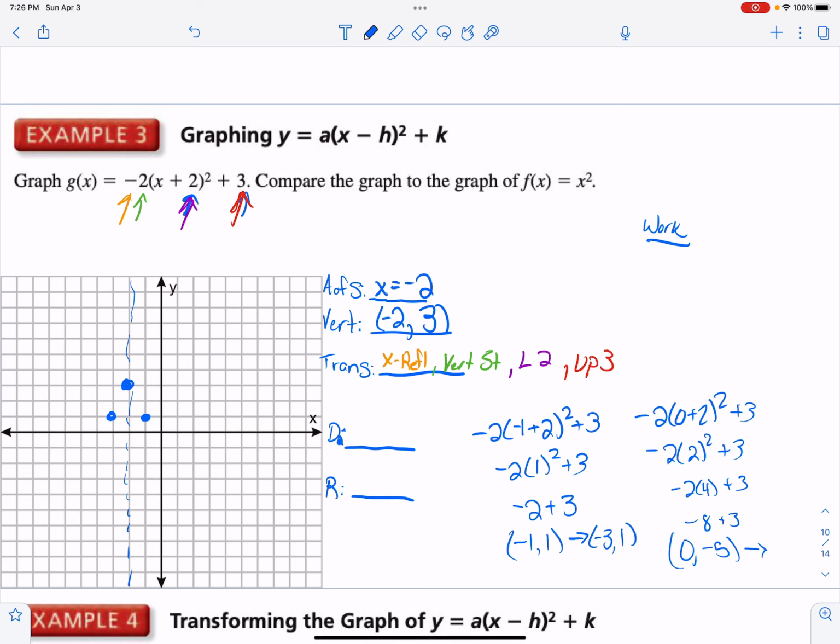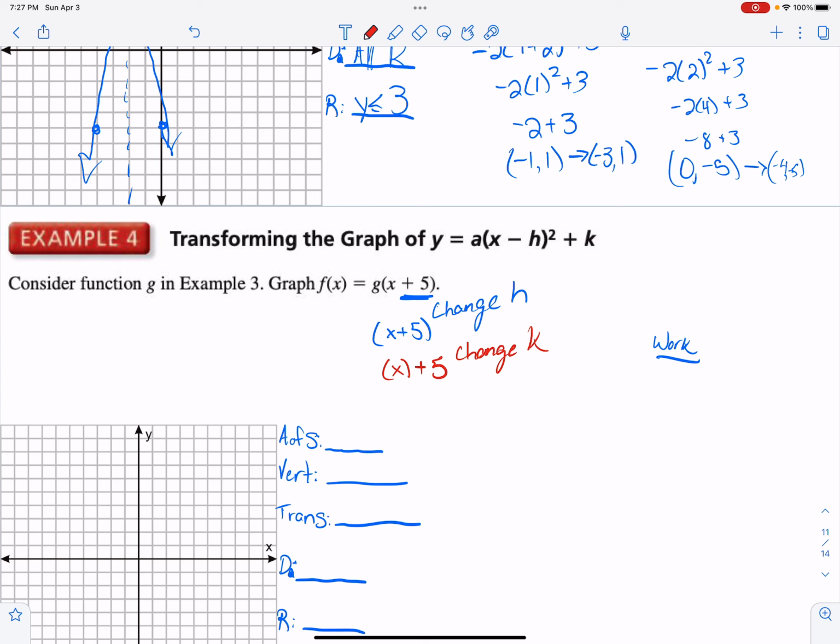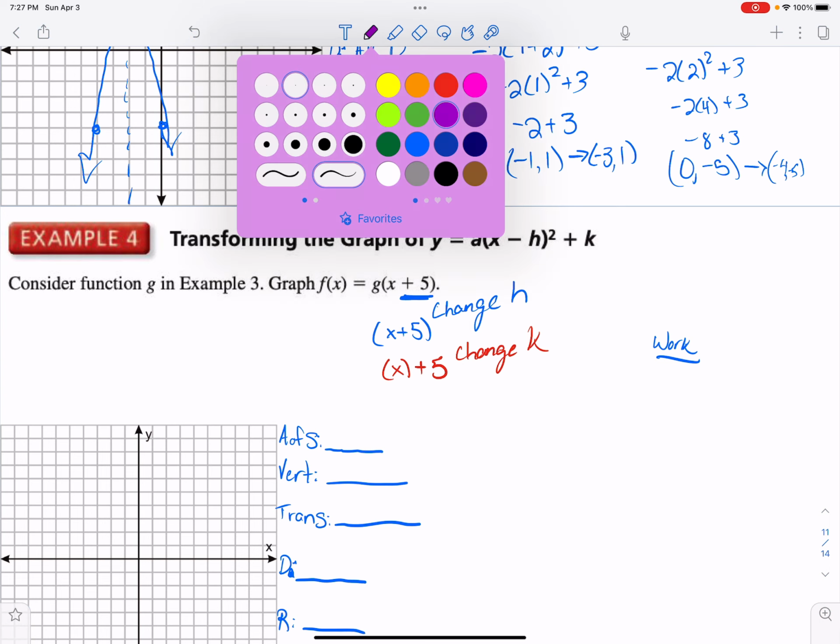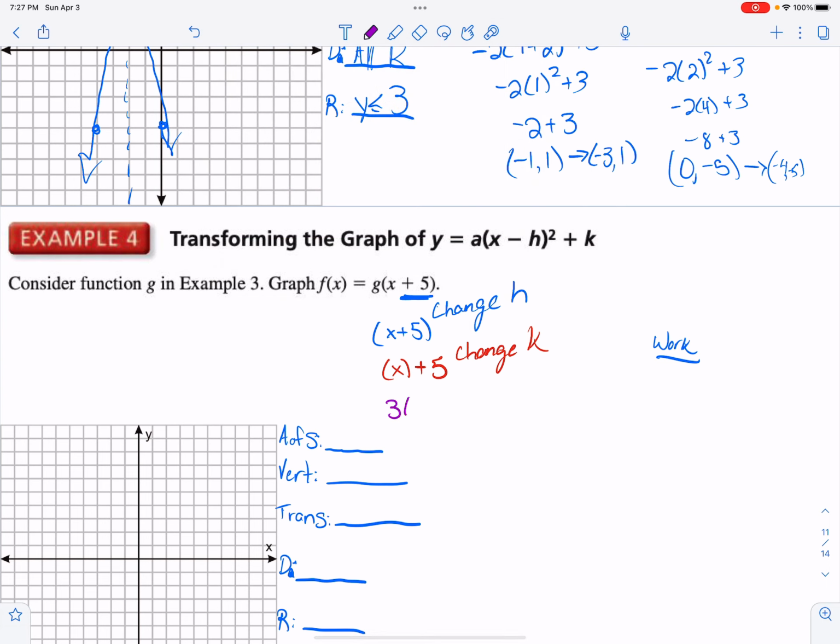But if it says x plus 5 like this, and that 5 is outside, you are going to change your k. And lastly, if it says something like this, you're going to end up changing the a and the k. You're going to multiply that 3 by the a and the k that's on the outside. So those will be a little different.